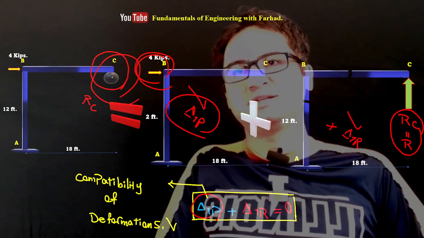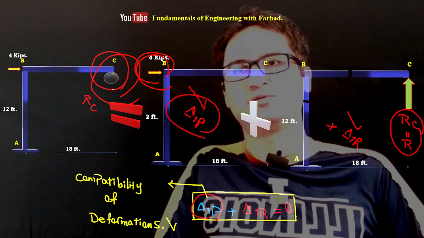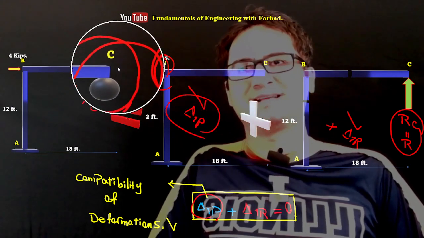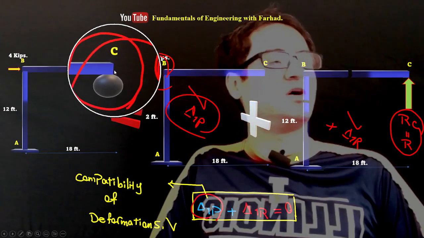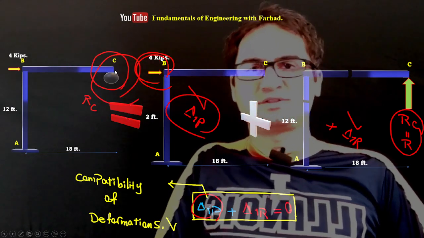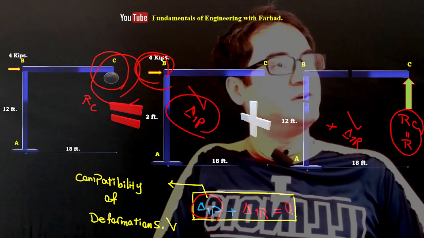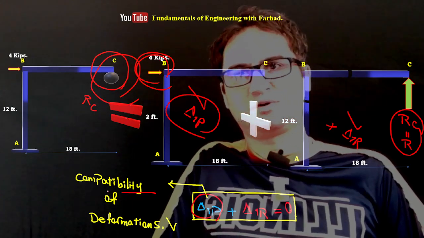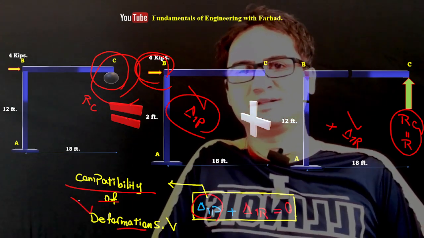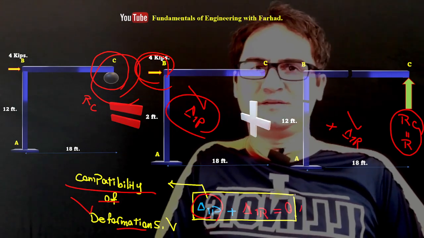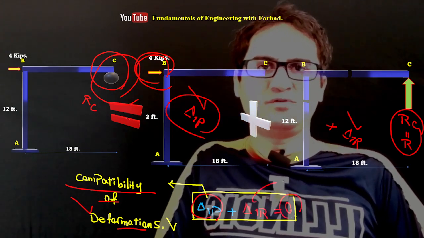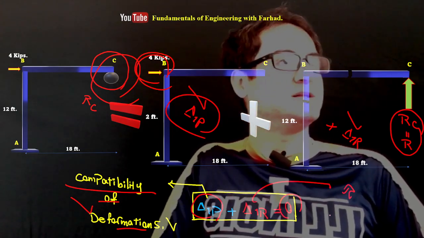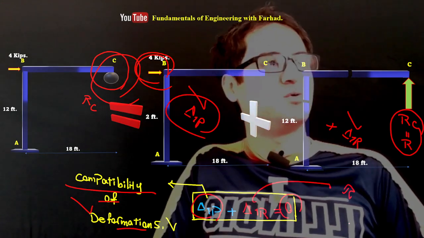Because in the original structure C has nowhere to go, support C is just settled on a wall support, the vertical displacement is 0. So compatibility of deformation tells us the deflection is 0, and we can calculate the redundant reaction at support C.